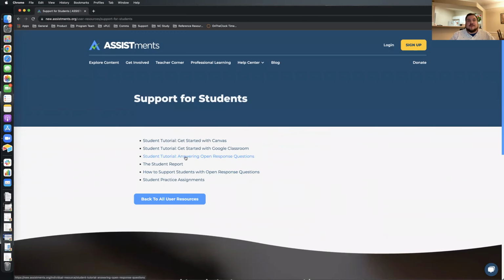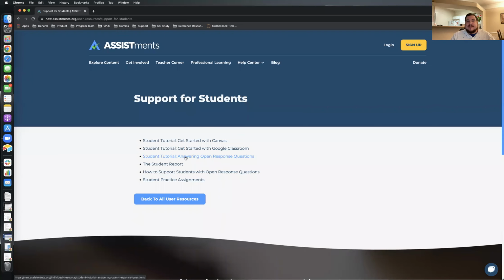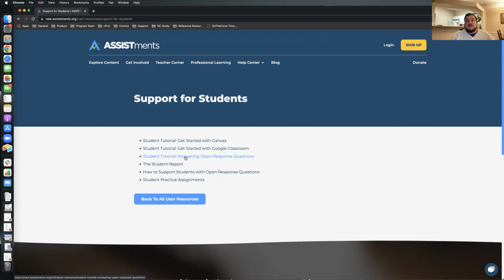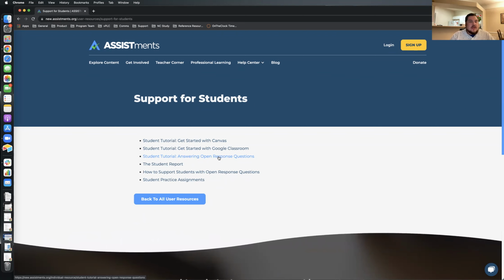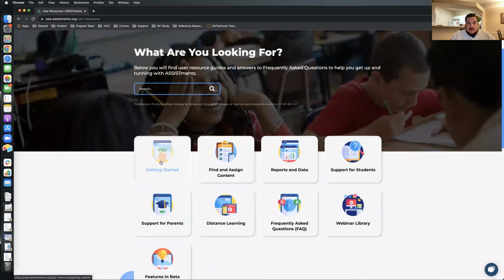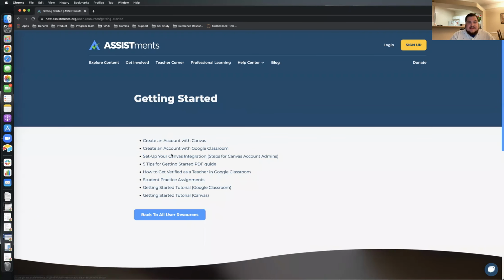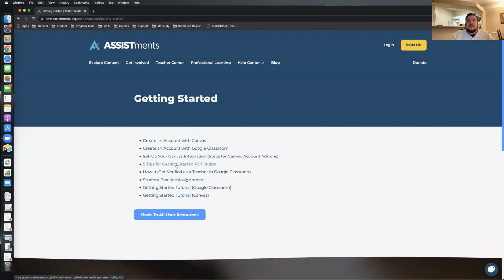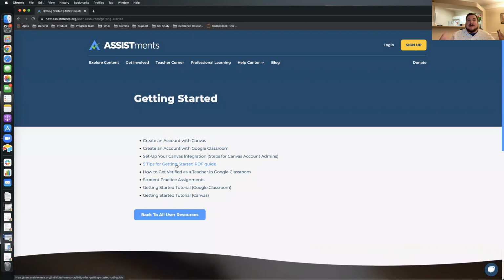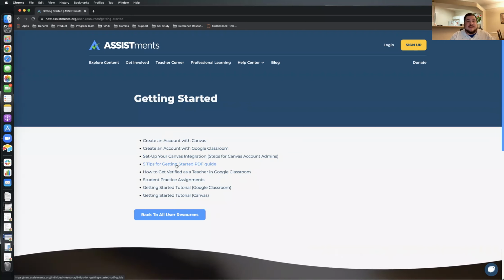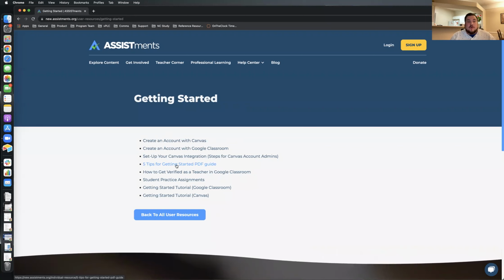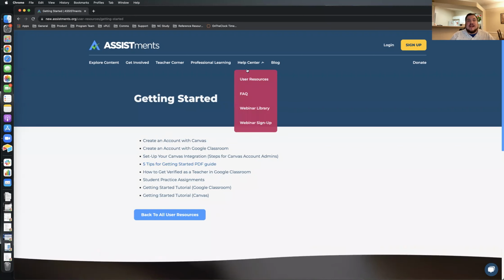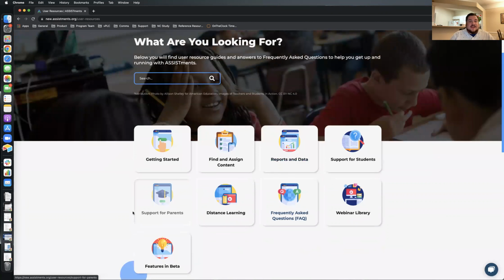So help students understand how those work and have a routine in place to generate the highest quality open responses from students. Some other resources you can check out include Getting Started, where you can see 5 tips for getting started with students, which focus on building that positive and productive mindset around assessments before you dive into challenging coursework. So we do have a variety of user resources that you can find useful in your experience as you're working in ASSISTments.